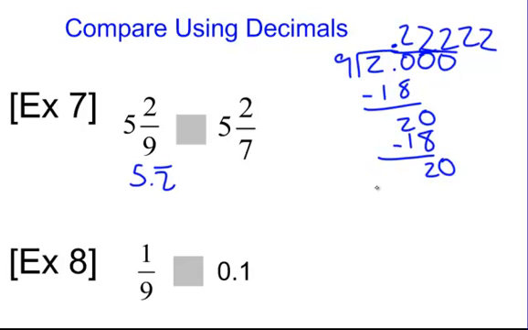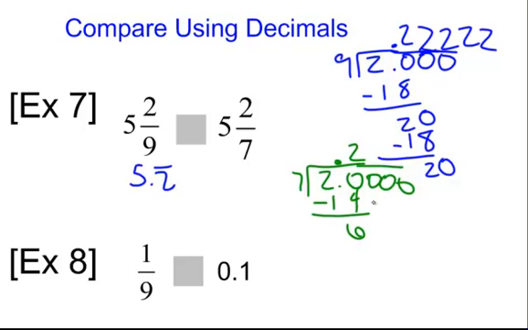Now let's do 2/7. 2 divided by 7, and I'm going to use a bunch of zeros, right? 7, no, need that decimal. 7 goes into 20. It doesn't go into 2, so it goes into 20 twice. 2 times 7 is 14. Subtract, we get 6. Bring down a 0. 7 goes into 60 8 times. 7 times 8 is 56.